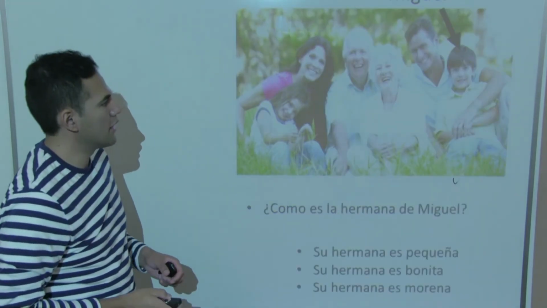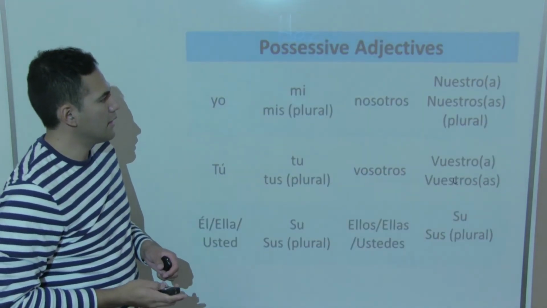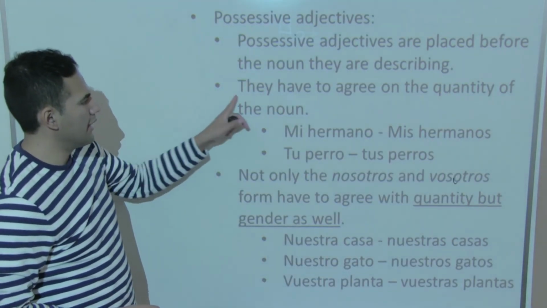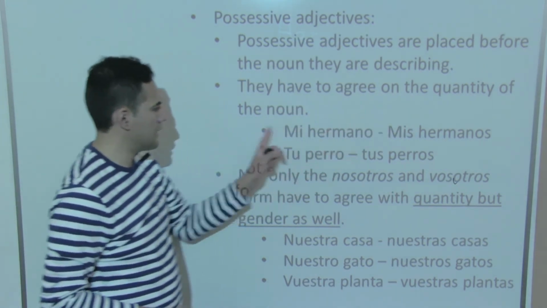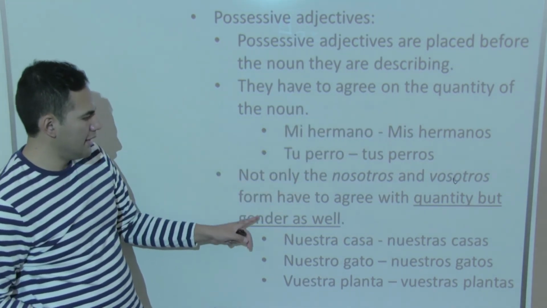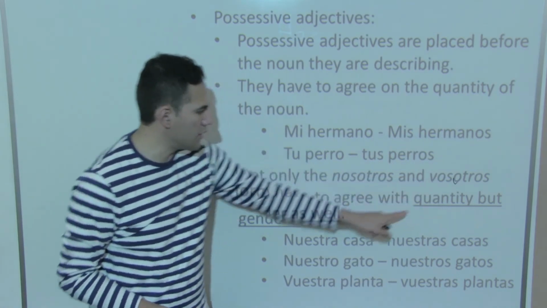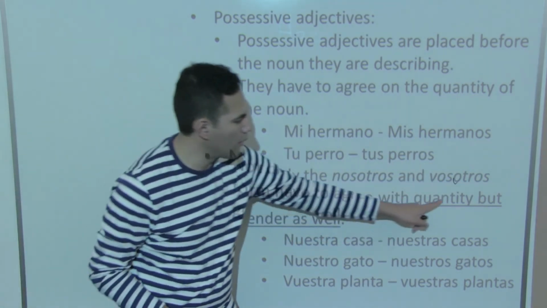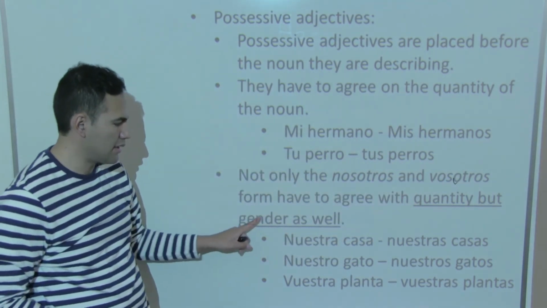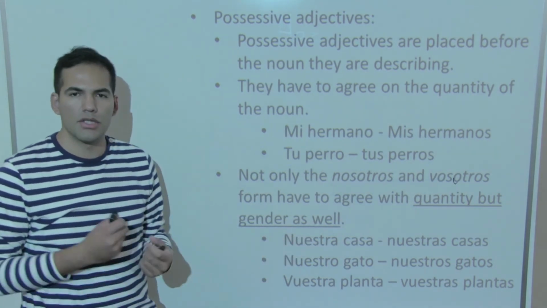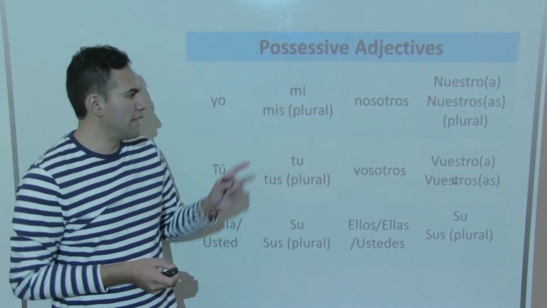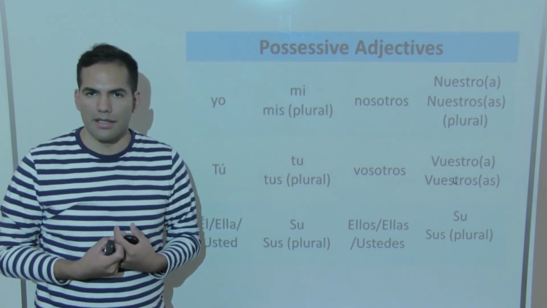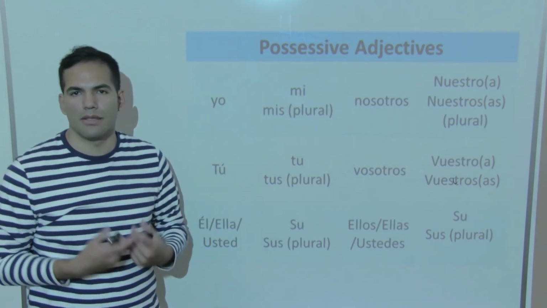Yeah, so just make sure you understand this part, that they have to agree with the quantity of the noun, and nosotros and vosotros have to agree with quantity and gender as well, okay? So just make sure you understand that. Try to memorize them, try to make flashcards, and just use them all the time. That will help you a lot.